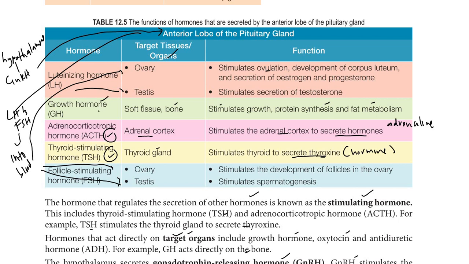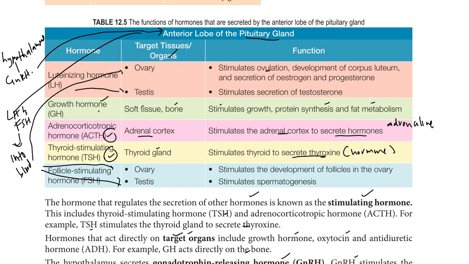For example, growth hormone is usually secreted all the time, because we grow from baby to child, to teenager and so on. But for this one, it is a special case that occurs when we reach puberty. The hypothalamus will secrete GnRH. Say a boy reaches puberty: the hypothalamus will secrete GnRH, which will stimulate the anterior lobe of the pituitary gland to secrete LH and FSH into the blood.